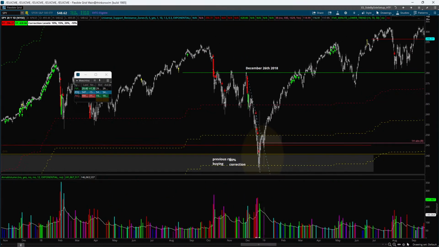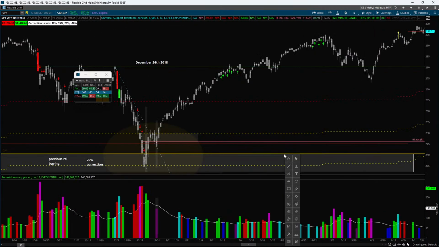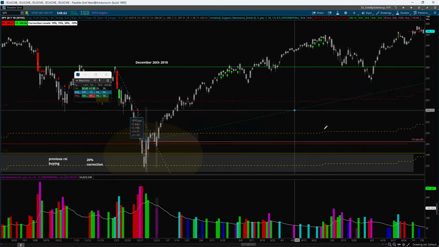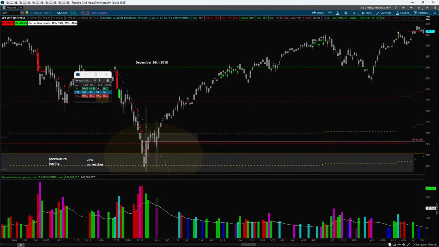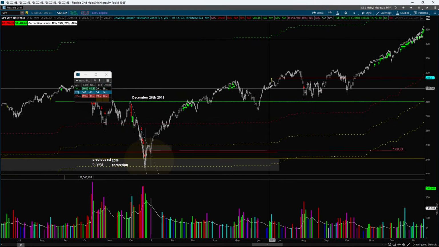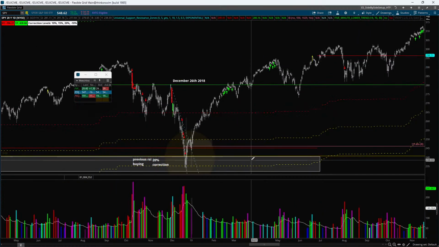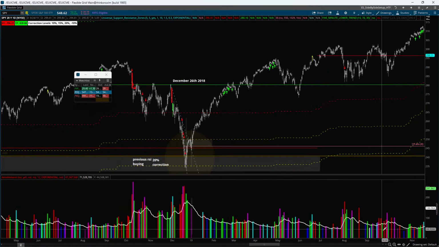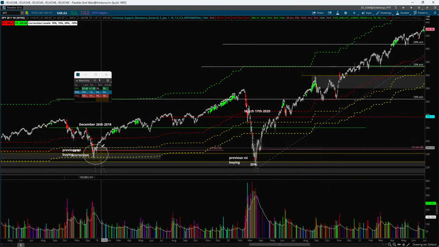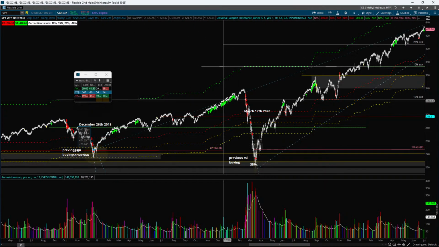And then for this one here, when we had that correction here, what was our 10%? 10% is here, so we had the correction on here, and we didn't hit it until 256 days.